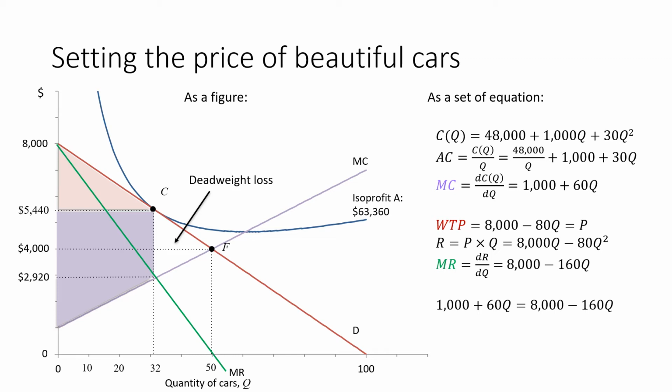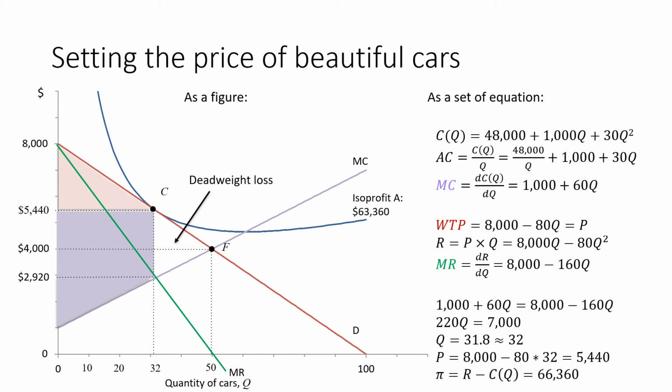So 1,000 plus 60Q equals 80,000 minus 160Q, which makes 220Q equal to 79,000, and Q is around 32. With that, P is equal to 5,440, as we find here at point C, where MR equals MC.